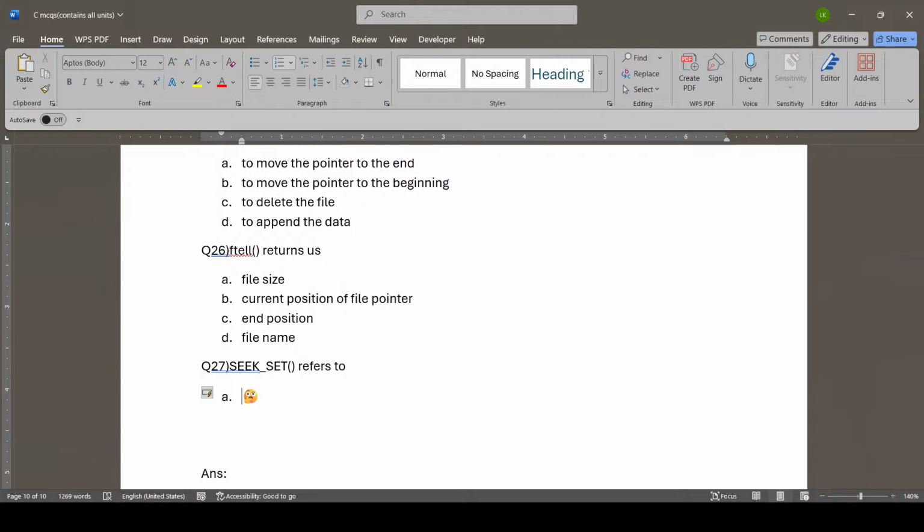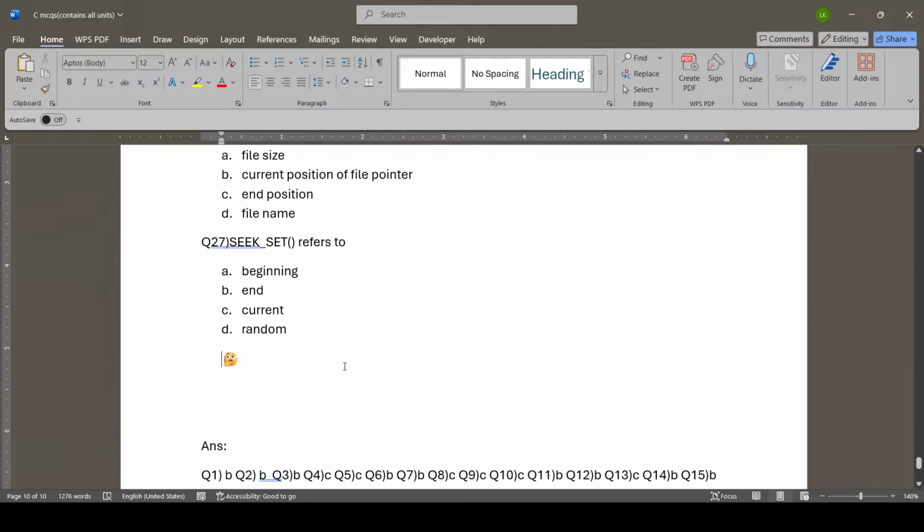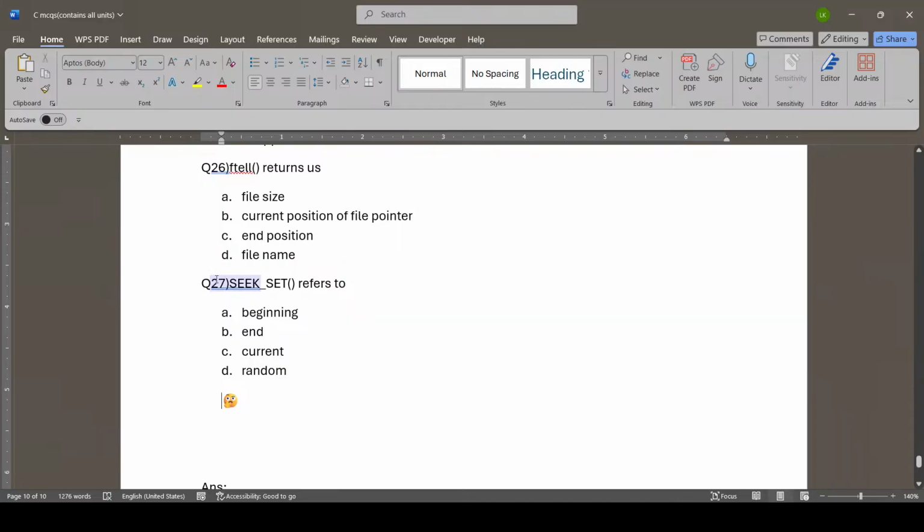Okay, first is the beginning, next is the end point, next is the current point, next is the random. So which one is the best answer here? Question number 27.